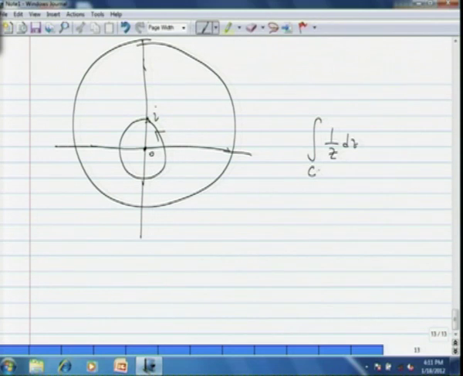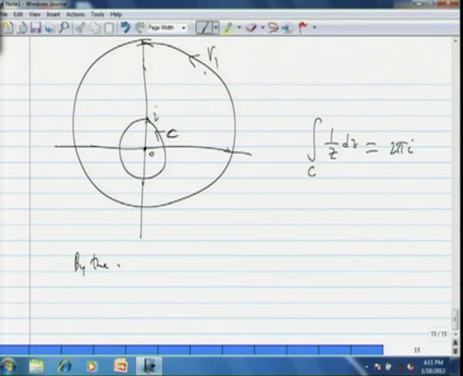So, we know that if that is the unit circle, 1 by z dz on C gives us 2 pi i. This we computed, that is the fundamental integral. So, by Cauchy's theorem, we see that this circle acts like gamma 1, and this C acts like gamma 2, and C is completely contained in the interior of gamma 1.